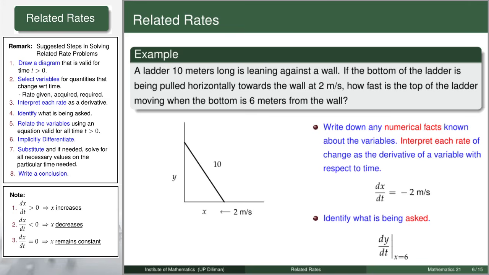Now, x equal to 6 is what we call an instance, because as you know, when x is equal to 6, that's a constant value. In our drawing, the length x is constantly changing, but what we want to find out is how fast this point is moving at the instant when x is equal to 6.